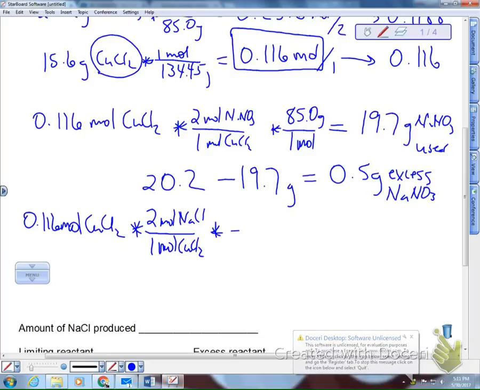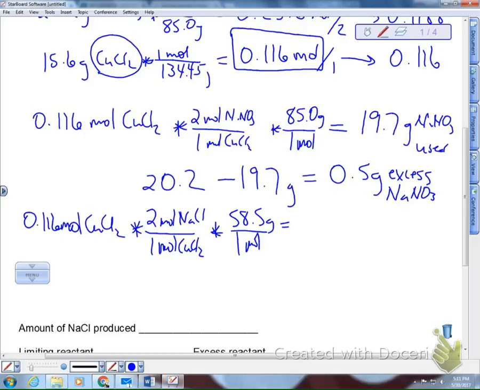We will go ahead and get the molar mass here, 58.5 grams per mole. So the theoretical yield of sodium chloride will be 13.6 grams NaCl. And that, of course, would go into this blank down here.